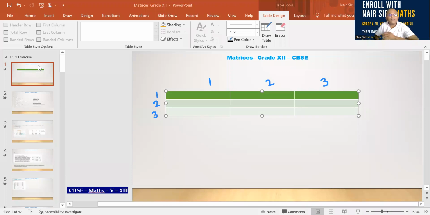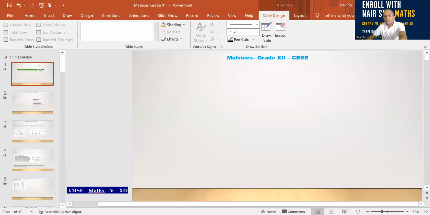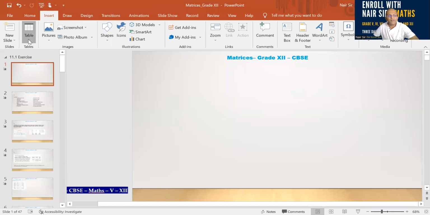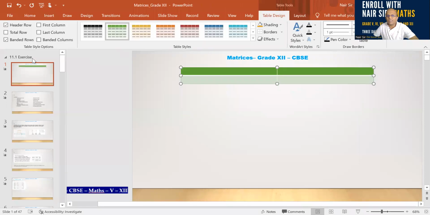And this is something connected with matrices. Excellent, very simple. So if I clear this off and remove this, this part will be slightly longer, but I am very sure that once you know this, it will make your lesson very easy.